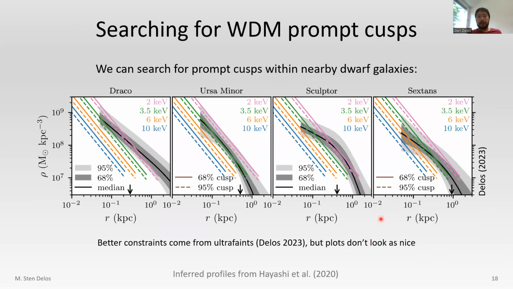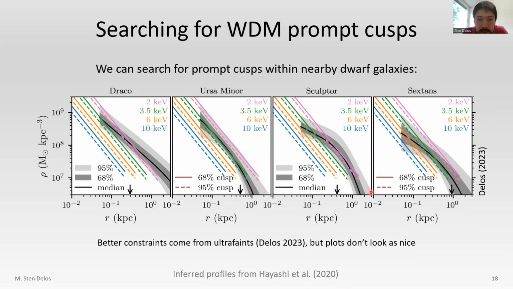So we could constrain warm dark matter by searching for prompt cusps within nearby dwarf galaxies. What this is showing is the inferred density profiles of some of the classical dwarfs from this paper. So that's the black and the gray. And on top of that, I've plotted the 68% and 95% lower limit of the prompt cusp distribution.